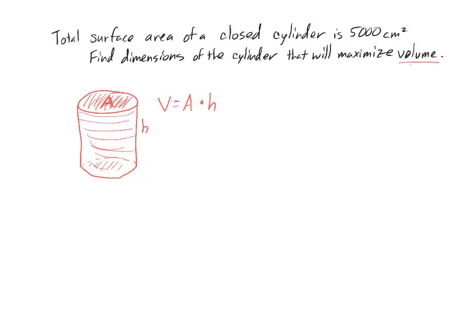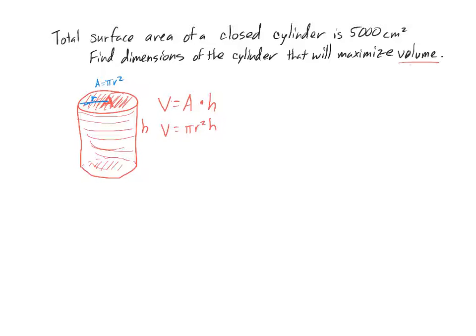Now, the area up there is going to depend on the radius of that circle on the top. That area, being the area of a circle, is equal to pi r squared. So what I have now is that the volume equals pi r squared h.